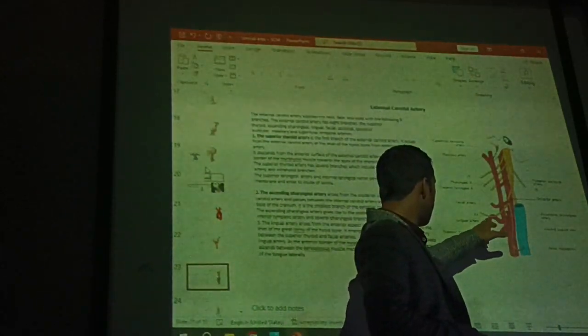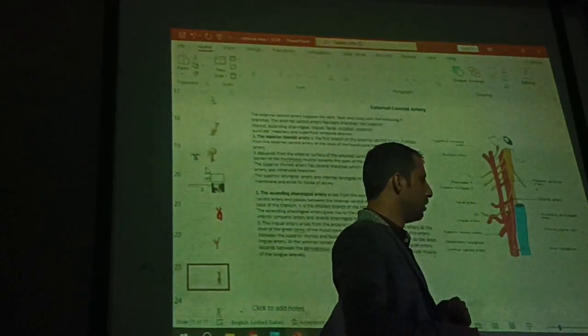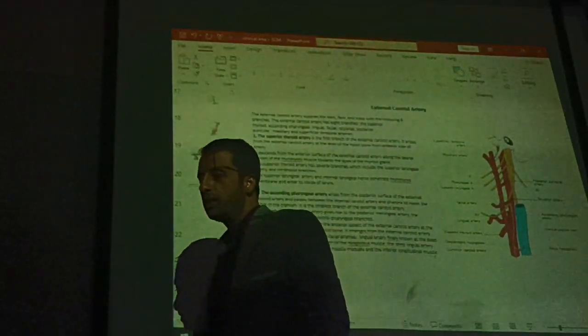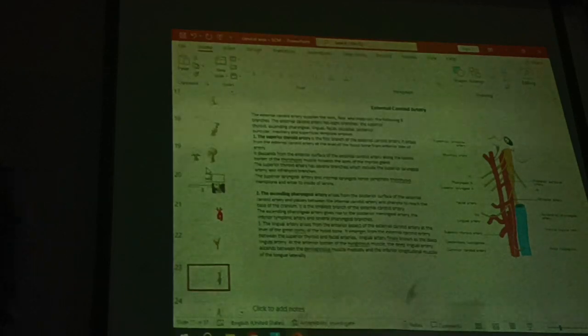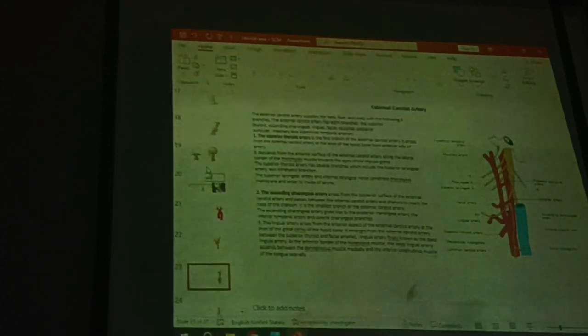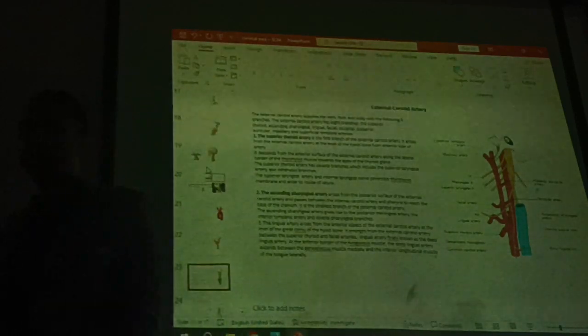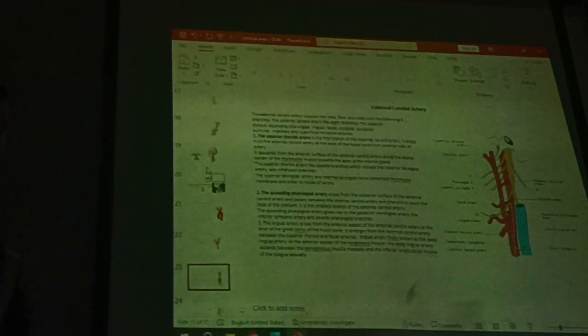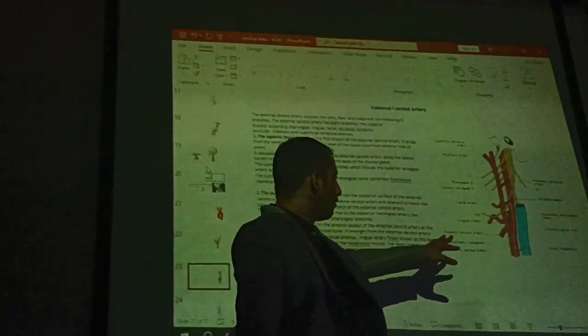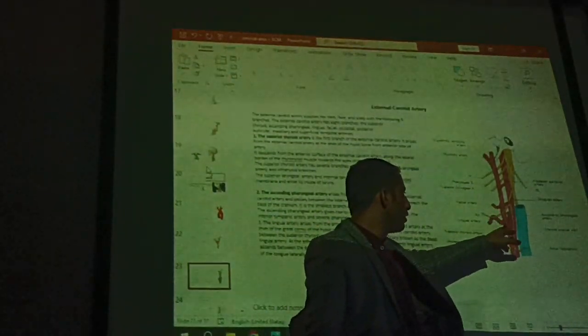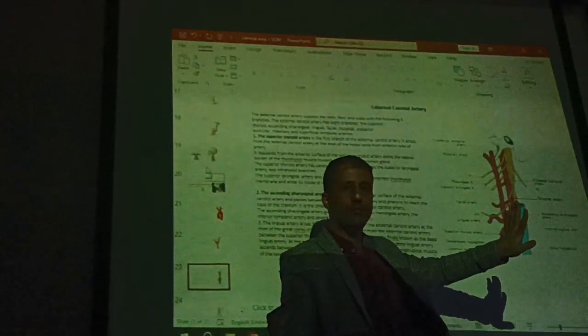Another artery, as you can see in this area, is the lingual artery, and also the facial artery. The lingual and facial arteries are separated from the external carotid artery at the anterior view.